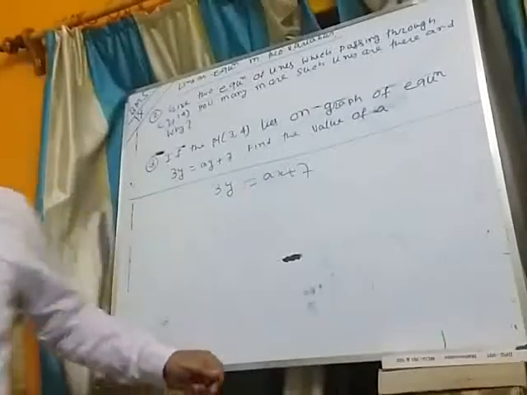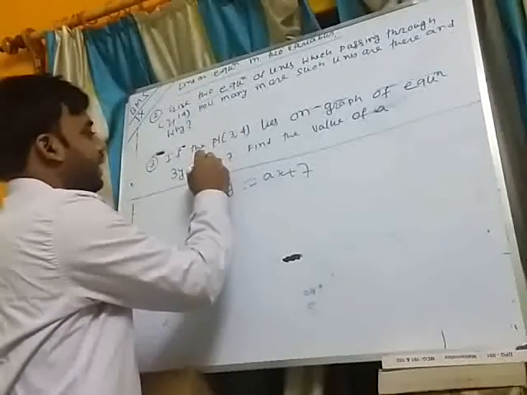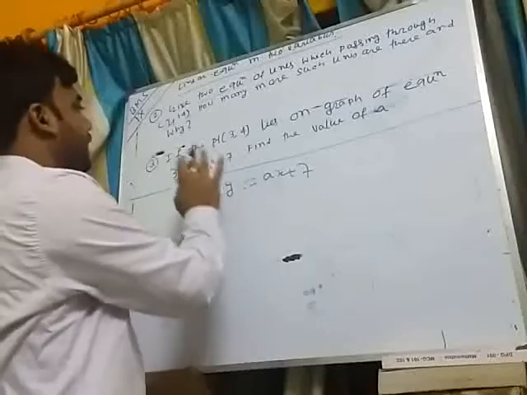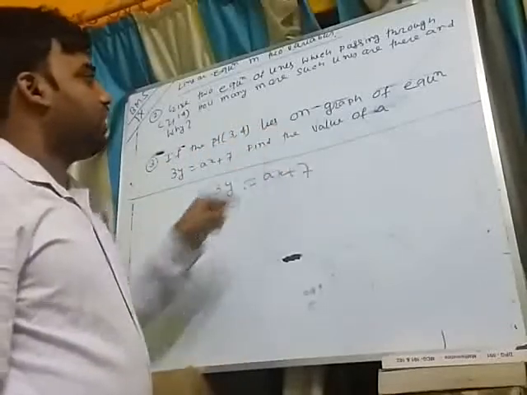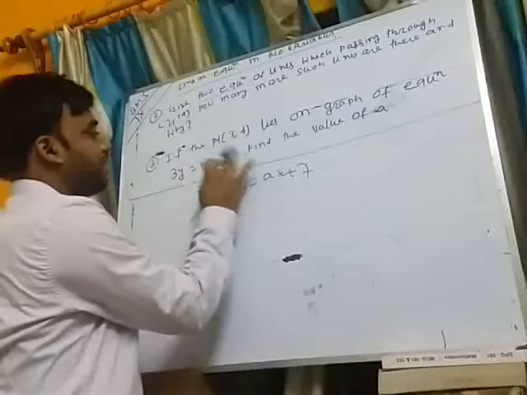Find the value of a, if the point (3, 4) lies on the graph of 3y equal to ax plus 7.